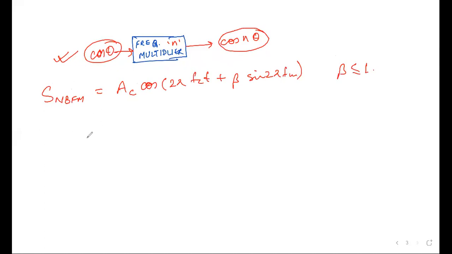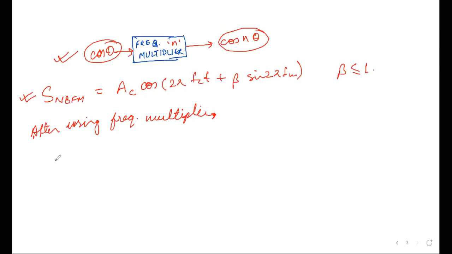So when we use a frequency multiplier, we are just seeing the basic rule of this indirect method. The very basic rule is that with the operation on the narrow band FM, we can get the wide band FM with the use of a multiplier.